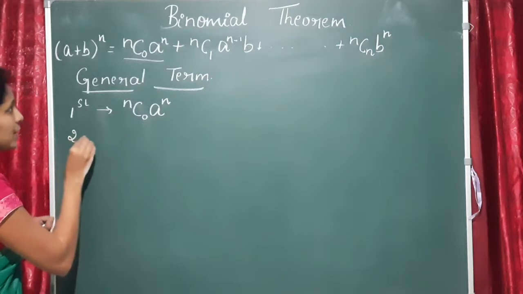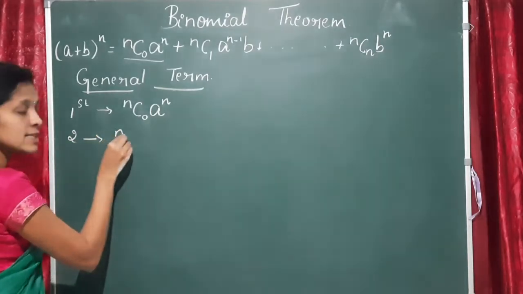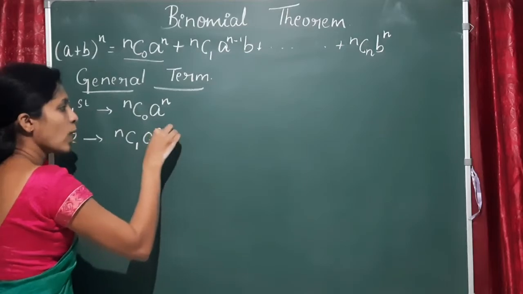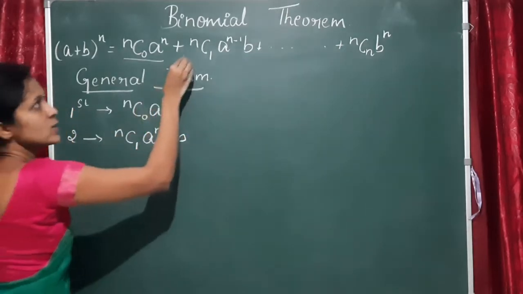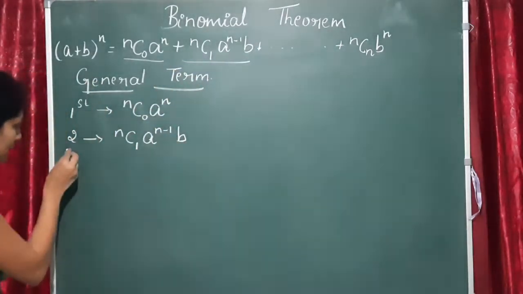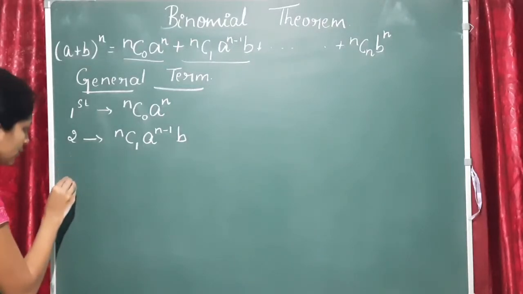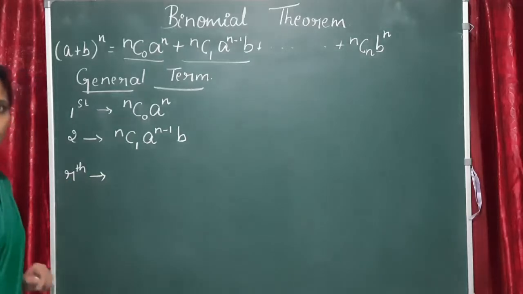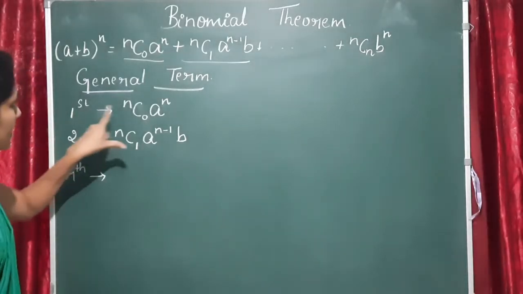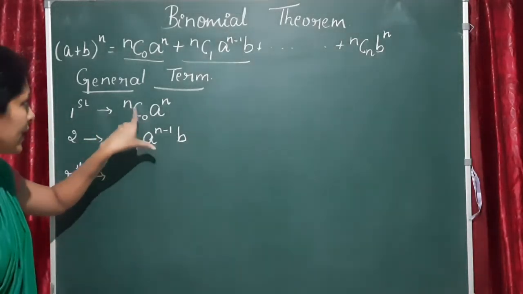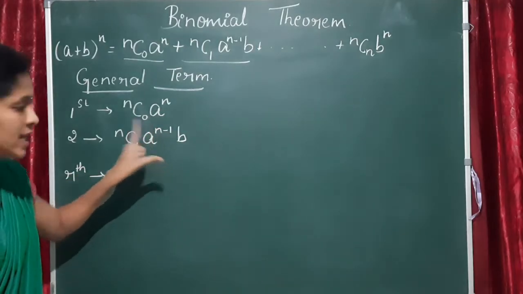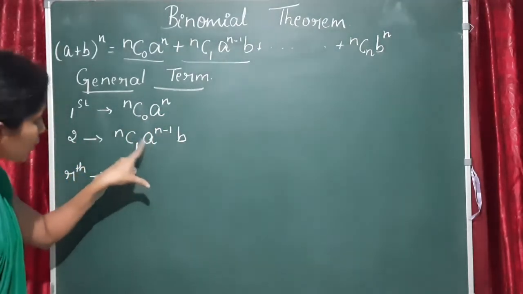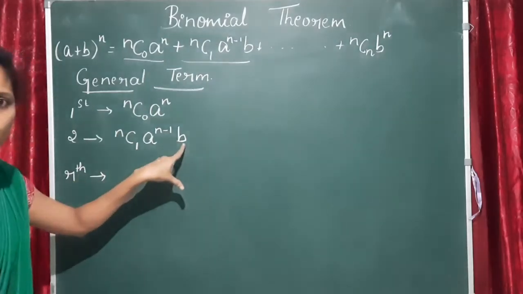What is the second term? Second term will be nC1 a to the power n minus 1 and b, right? So similarly, can you say what will be the rth term? See this. First is nC0 a to the power n and b to the power 0. Second is nC1 a to the power n minus 1 b to the power 1.